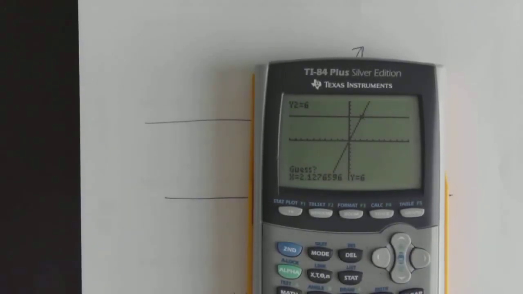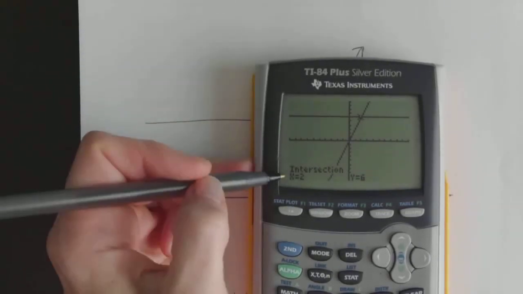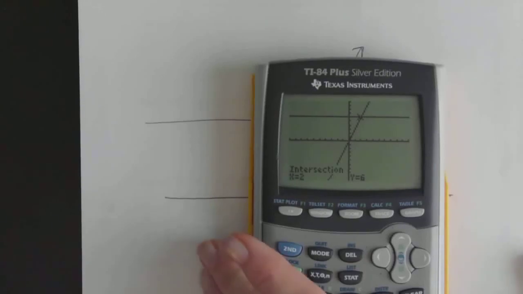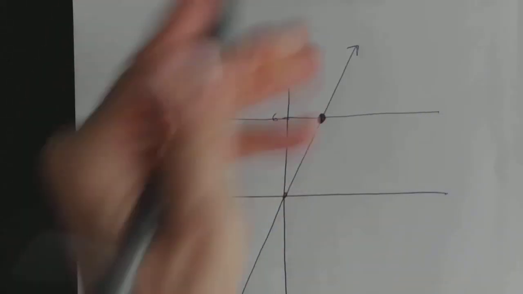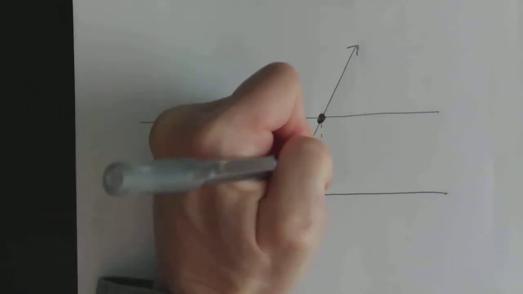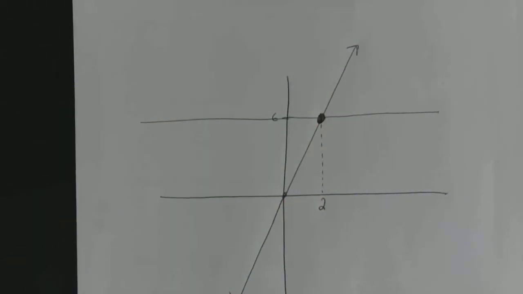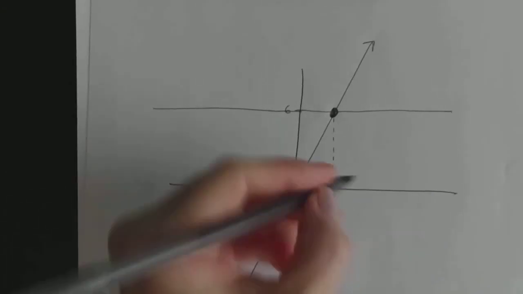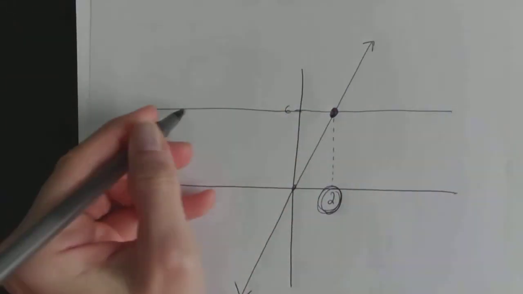Enter for the first, enter for the second. And let's come over to where they intersect for our guess. Notice what you get on the calculator. X equals 2.